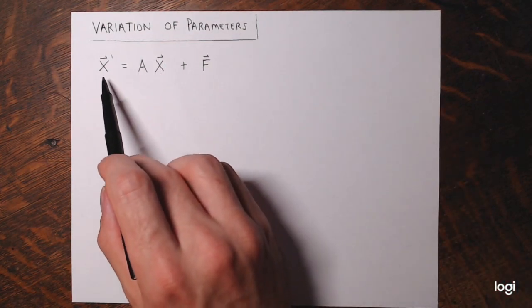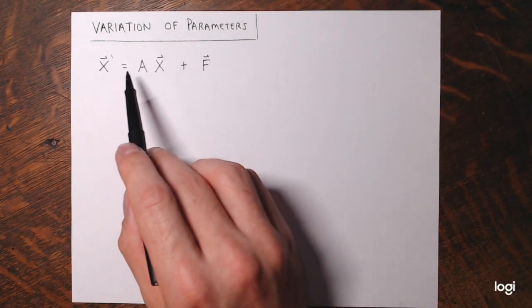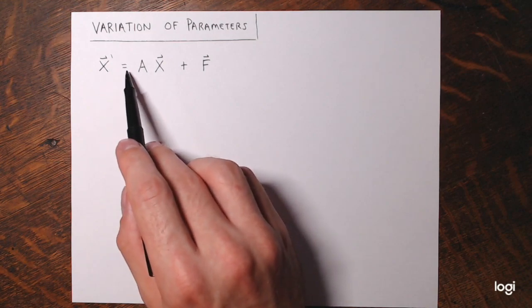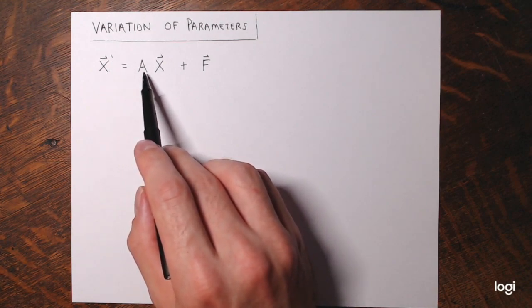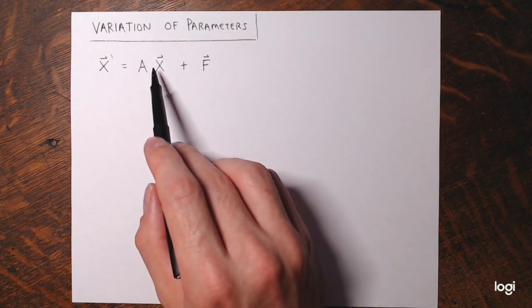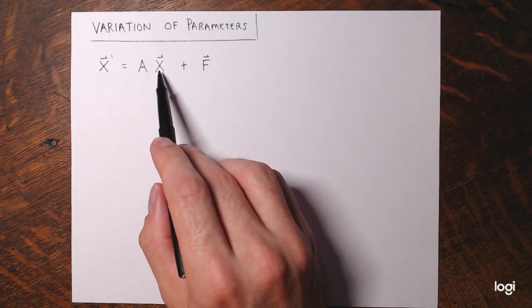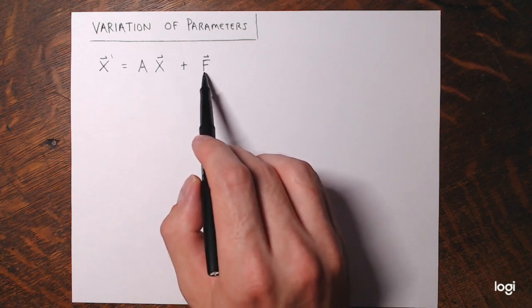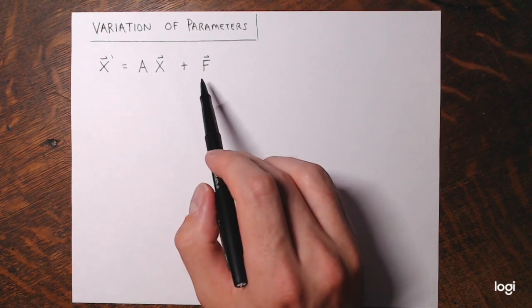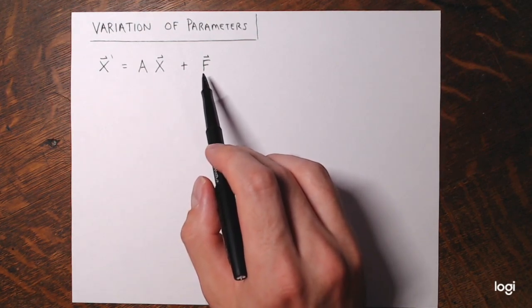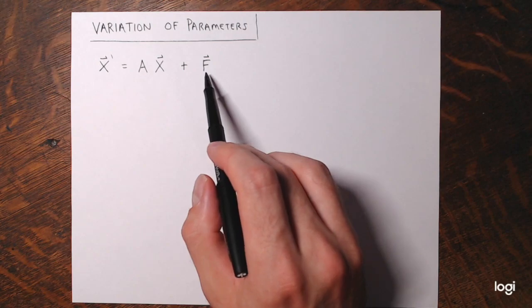So we're given a non-homogeneous system. Say x prime equals some n by n matrix A of coefficients times the vector x, which consists of the unknown functions of, say, variable t, plus some vector f consisting of other functions of t.